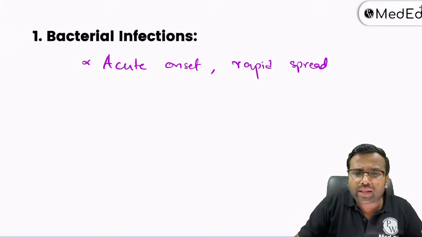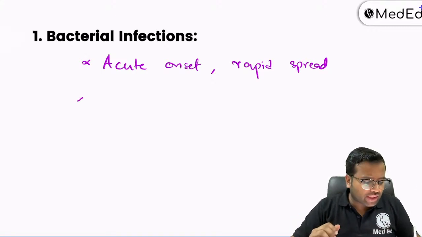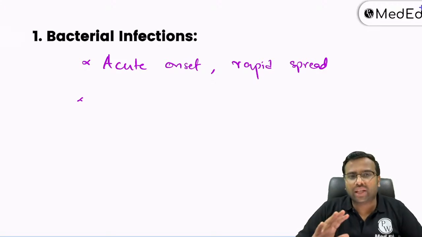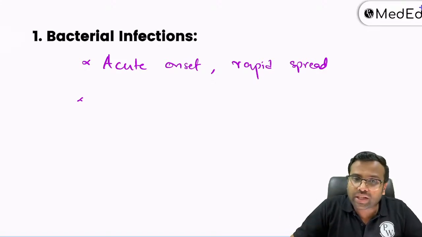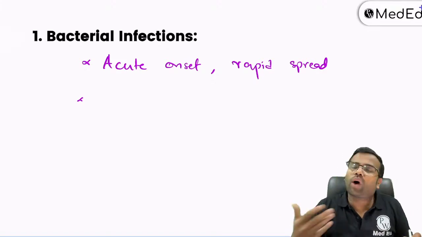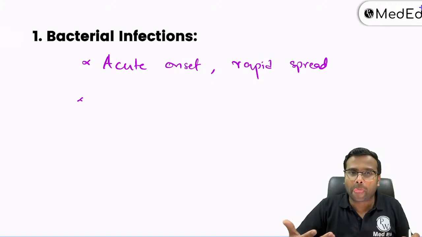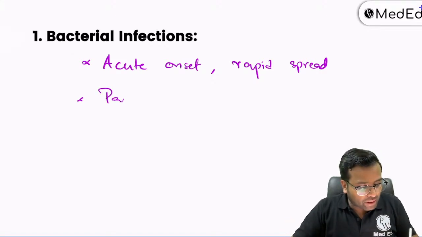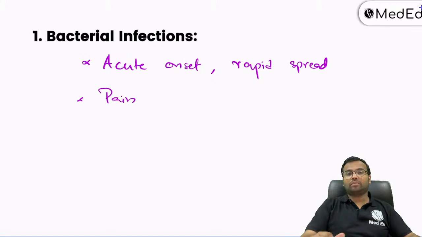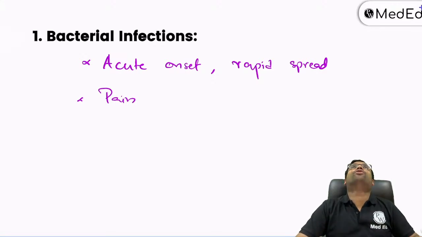The second one is when we examine the skin, usually generally categorizing it, what other symptoms can a patient present with in the skin? Let me say a patient can present with pain, like a patient of cellulitis.